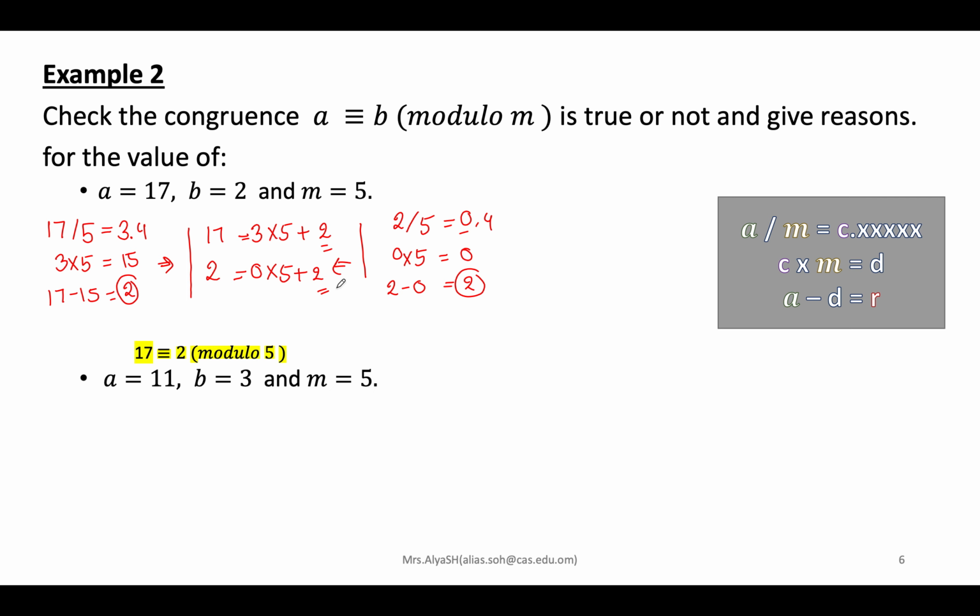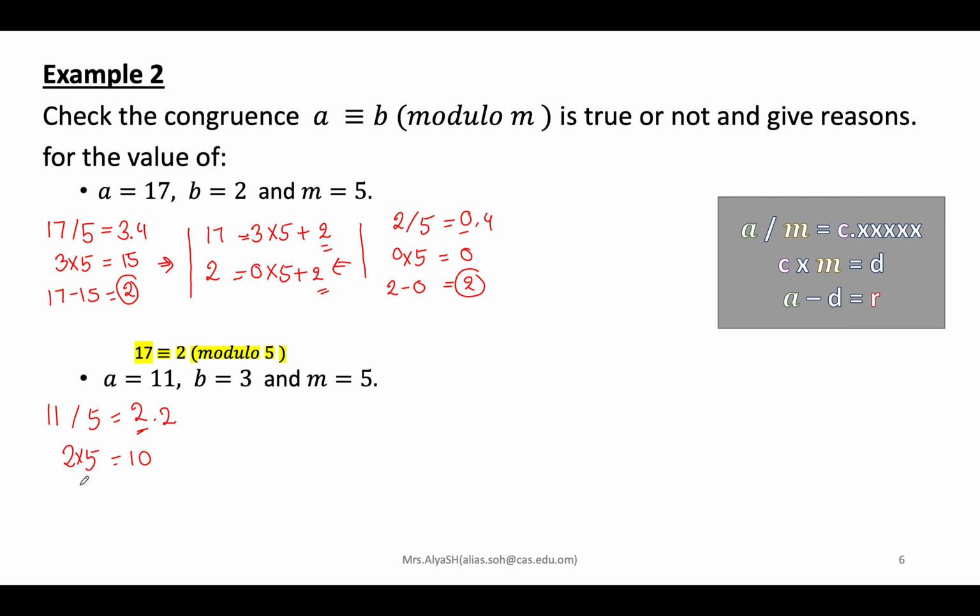Okay, let's check one more example with the same steps. So here we got 11 and 3 congruent modulo M, which is 5. So 11 divided by 5, we got the result as 2.2. Take the number before the fraction point, multiply by 5, we got the result as 10.